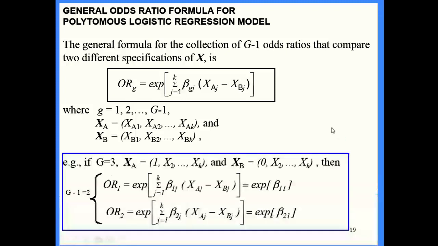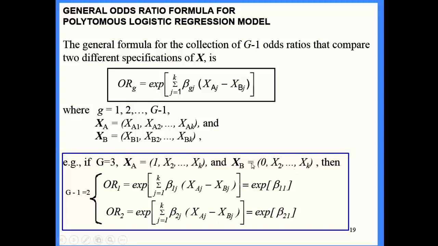So let's look at that. If G is equal to 3, just to make sure we got it, because that's what we were dealing with to start with. We just had these three categories of the outcome variable, the end-stage renal disease variable. So suppose we've got a model where person A is exposed and person B is not exposed.